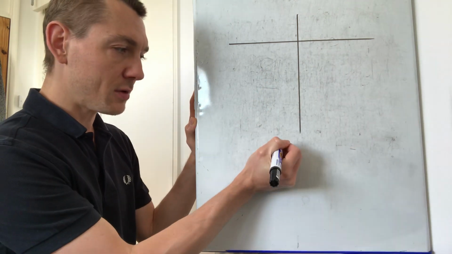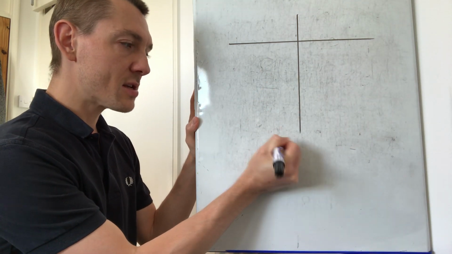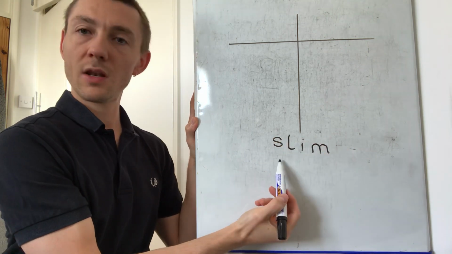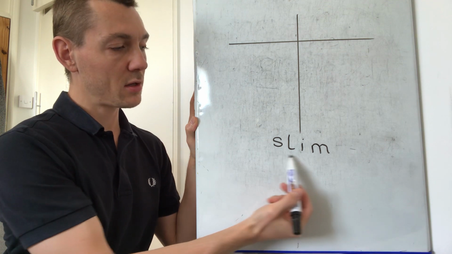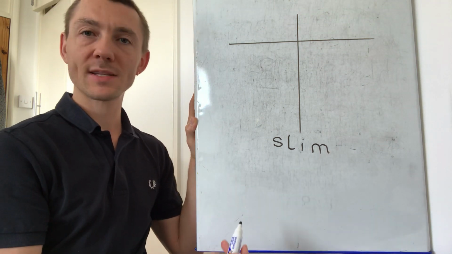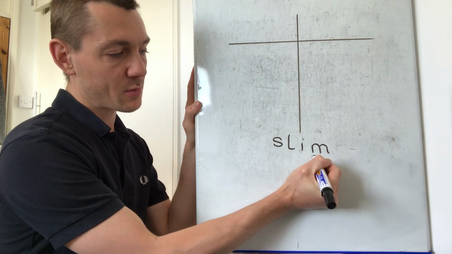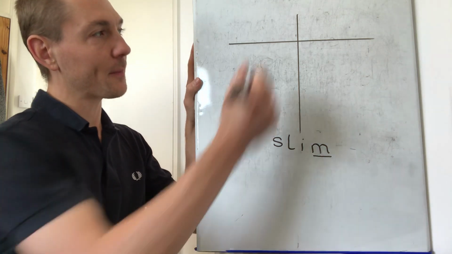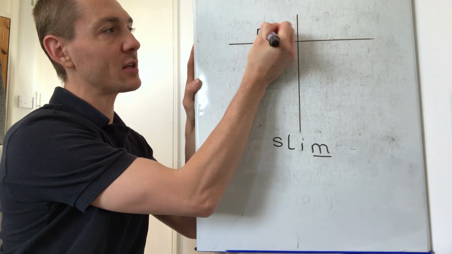So for example, if I wrote the word, what's this word? 1, 2, 3. Slim. There's an m sound at the end, and it's spelt just with the letter M. One sound spelling. So we have that as our first section.